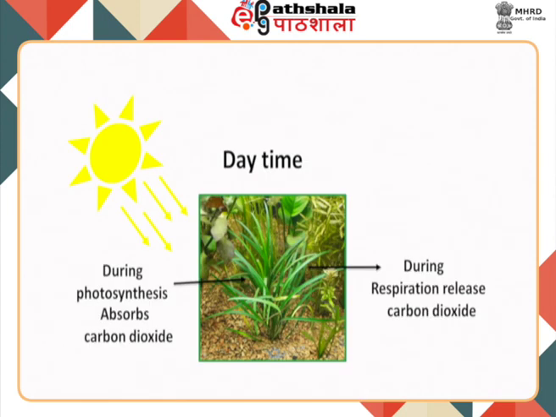The sources of carbon oxides. Carbon dioxide is present in the atmosphere at a concentration of 0.04%, which is 400 parts per million by volume. It is used by plants, algae and cyanobacteria in the process of photosynthesis. During the day, plants overall absorb carbon dioxide because the carbon dioxide required for photosynthesis is more than that produced during respiration.